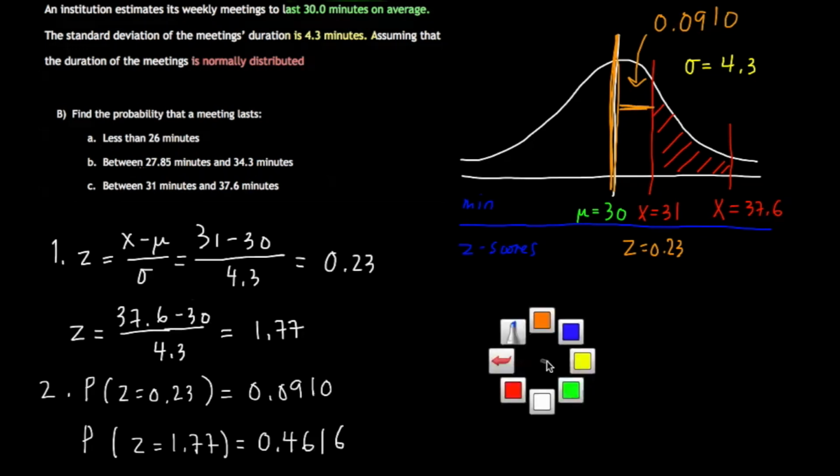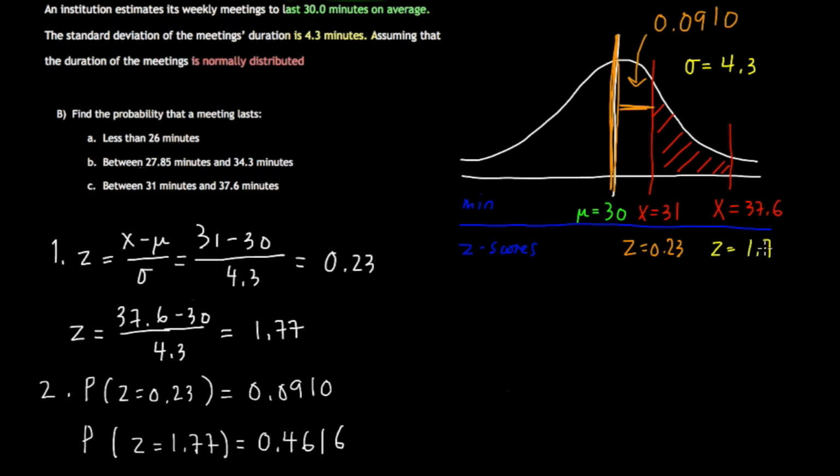Now our second one is at x equals 37.6. For a z, and this one I'm going to do in a different color just so you see what I mean, of 1.77.